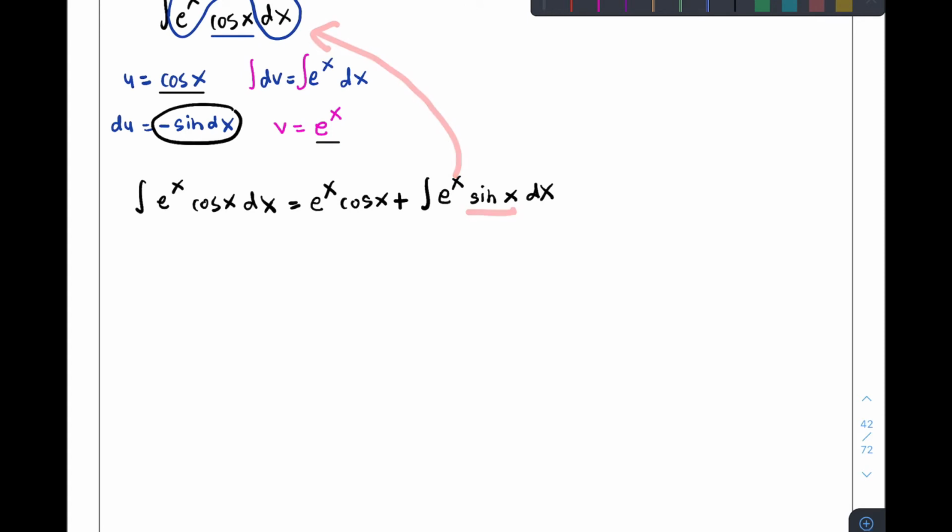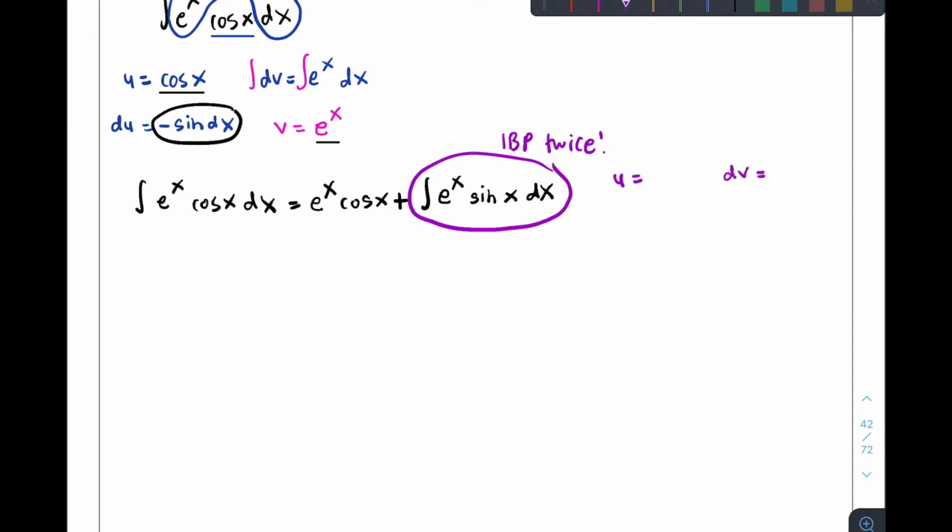So again, you have to do another round of IBP. This is when you have a special case: you have to do IBP twice. Again identify your u and your dv. Using the LIATE tip, sine x is your u because trigo comes first, and the balance is e^x dx.